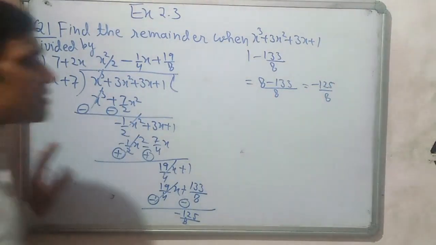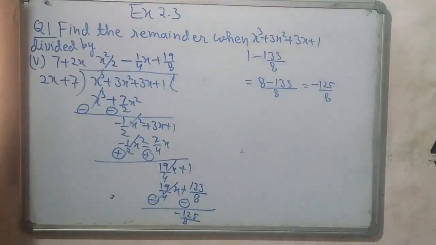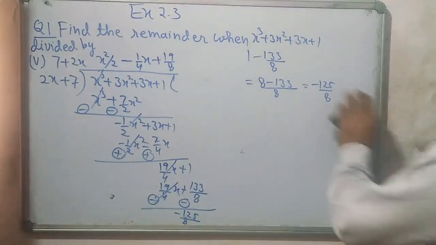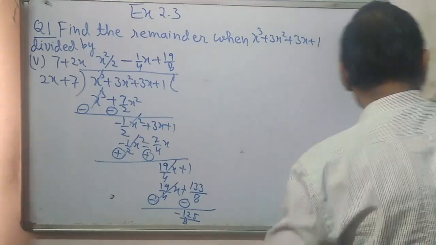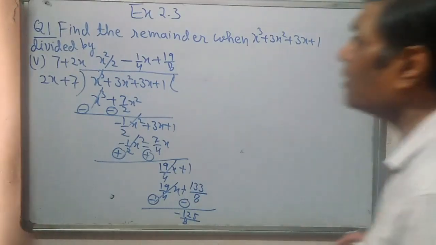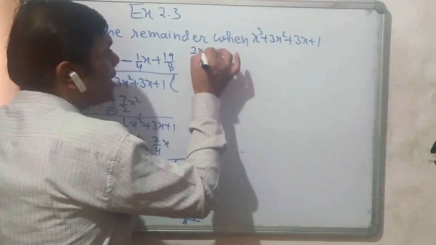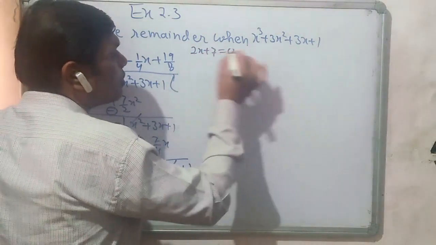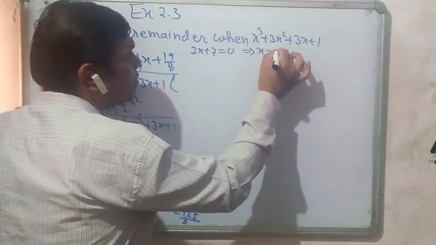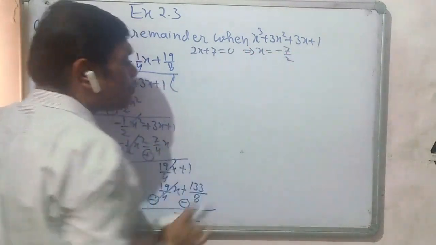Got it? Let us verify this by using the remainder theorem. For using remainder theorem, first thing that we have to do is find the zero of the given divisor. So we put 2x plus 7 equals 0, or we get x equals minus 7/2.